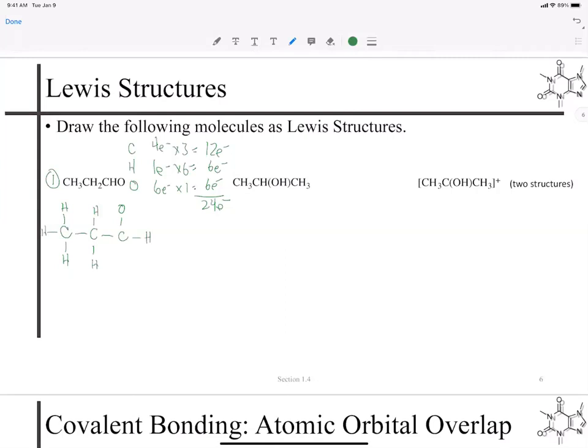And so we start off by just drawing the skeleton of this particular structure as it's been given to us, and we just include single bonds at this particular moment. What we want to do now is count the number of electrons that we've used of the available 24 electrons that we can use.